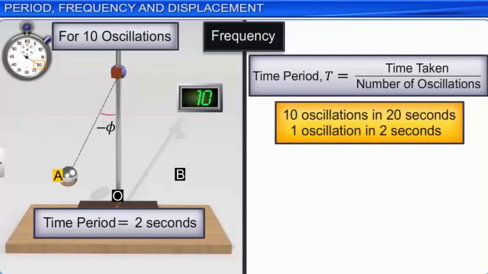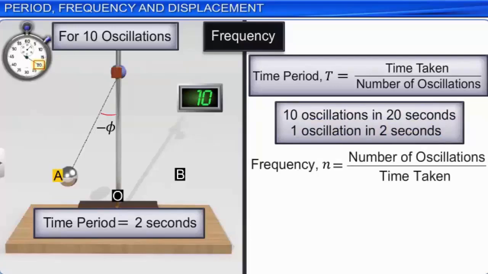That is, in 2 seconds, it executes 1 oscillation. Here, frequency n will be equal to the number of oscillations divided by the time taken, which on substitution gives the value 0.5. Therefore, frequency n is equal to the reciprocal of time period T.